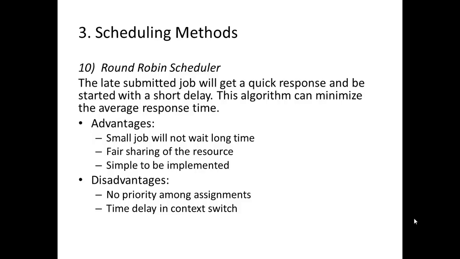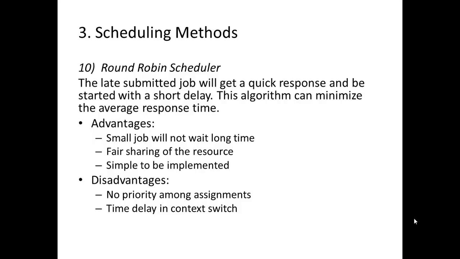The last one is called the round-robin scheduler. Round-robin scheduler is actually a modified version of FIFO. It tries to solve the problem of the FIFO scheduler, where jobs start in order of submission, and this causes later submitted jobs to start later. In round-robin scheduler, the latest submitted job will get a quick response and be started with a short delay.